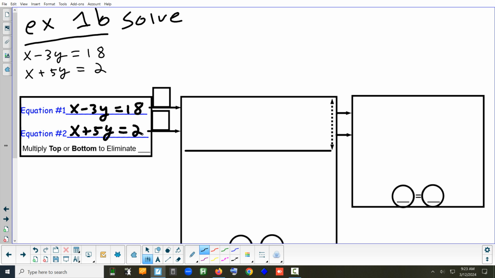Now, we didn't do one like this, but let's say they weren't lined up. Let's say that this top equation was x equals 18 plus 3y. We'd have something we have to fix there first. You have to fix it so this 3y is back on the other side. How would you put that 3y on the other side?